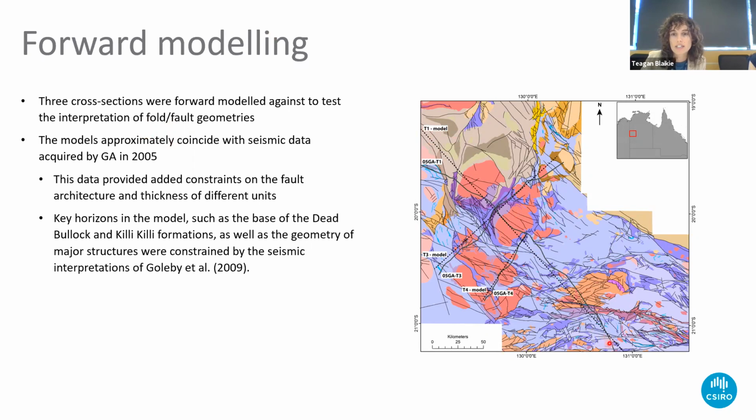And you notice that the seismic profile does deviate somewhat from the forward model profile. So there are small differences in terms of matching the surface geology, but they're relatively consistent.